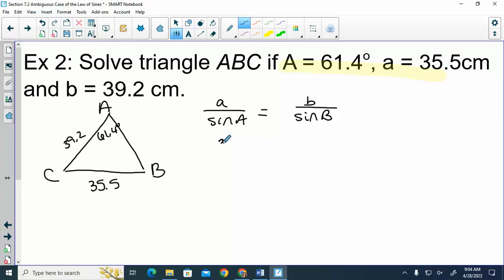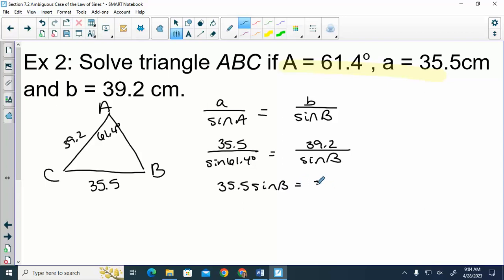Right, so side A, 35.5, divided by the sine of 61.4 degrees equals 39.2 over sine of B. Cross multiply. And we have to divide by the 35.5.